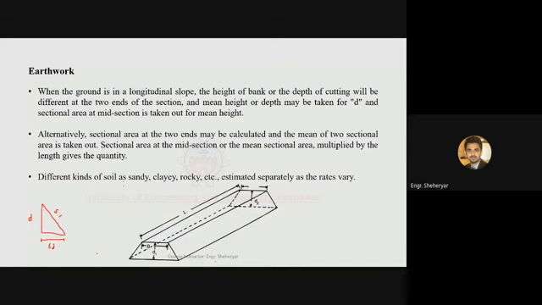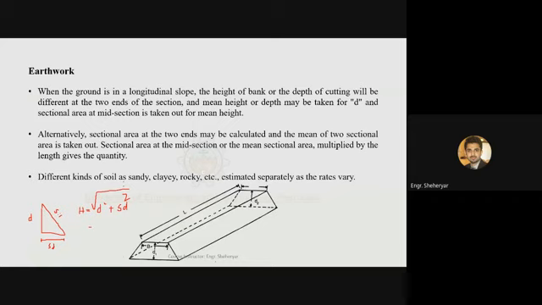It will be like this, right? Okay, so hypotenuse will be equal to: H is equal to D square plus SD whole square, under the root.